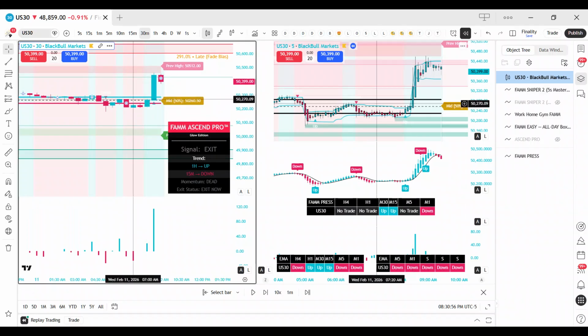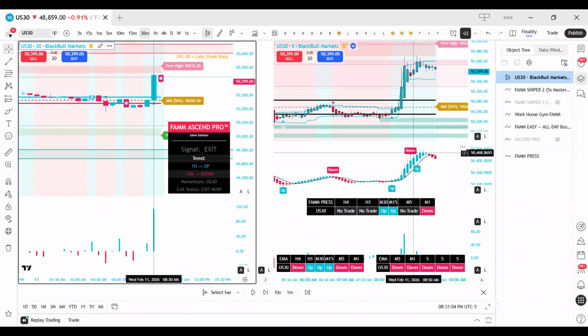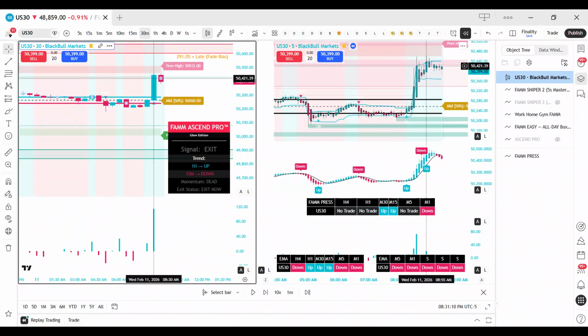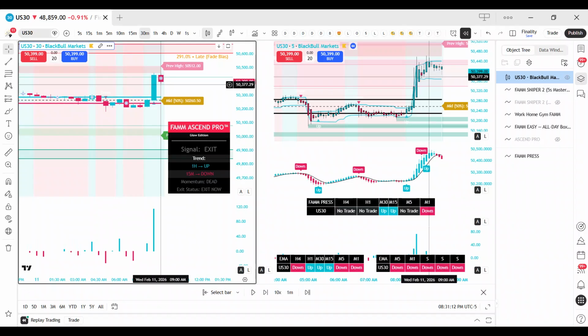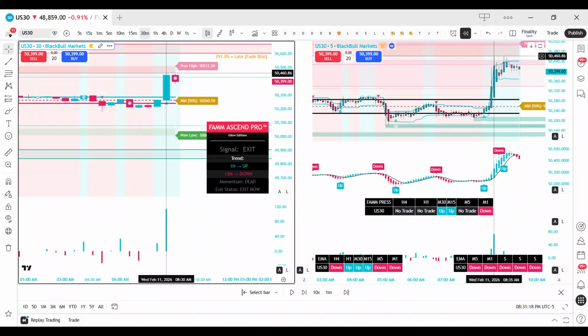Beautiful buy, happened right here in the middle of this candle, all the way up. Got you right there. And broke out. Here's your breakout. Same thing. Cool. Pull back. Let you know pullback was happening. Continuation. All of that. Right. So this is your side by side.